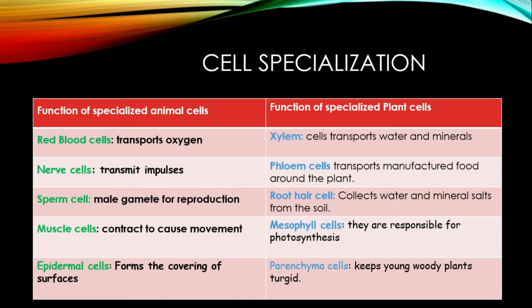Let's recap. You want to remember specialized cells, and there are 5 specialized cells that the syllabus for HSB, Human and Social Biology, wants us to know. These 5 cells are the epithelial cell, the sperm cell, the nerve cell, the muscle cell, and of course the egg cell.